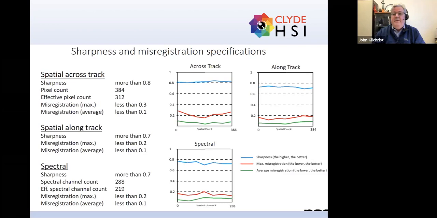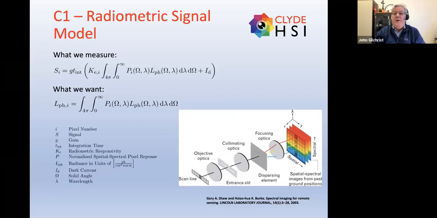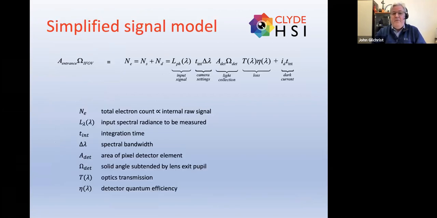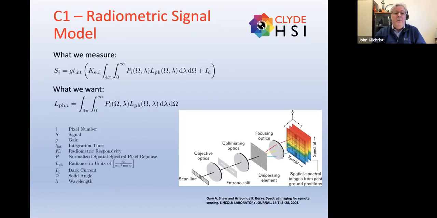On the other side, when we come to think about radiometric models, the recording of photons by the spectral camera, then it becomes yet again another complicated mathematical problem involving wavelength, field of view, effective radiometric parameters, and so on and so forth. And what we measure is a big convolution of lots and lots of stuff.